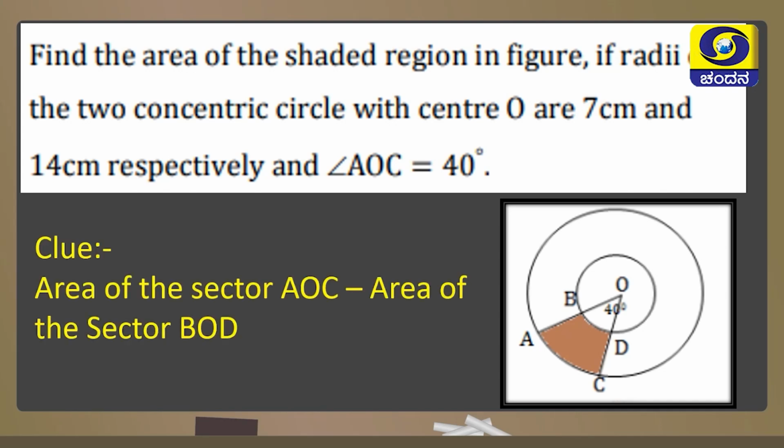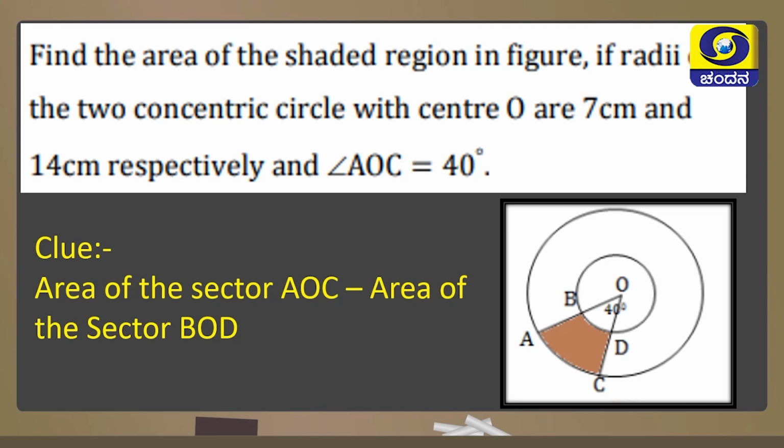Yes, you are right. To find the area of the shaded region ABCD, we need to subtract the area of the sector BOD from the area of the sector AOC. You know the radius, the area of the sector BOD with radius 7 centimeter and sector angle 40 degree. If you substitute the value of theta and r in the formula to find the area of sector, you will get the area of BOD.